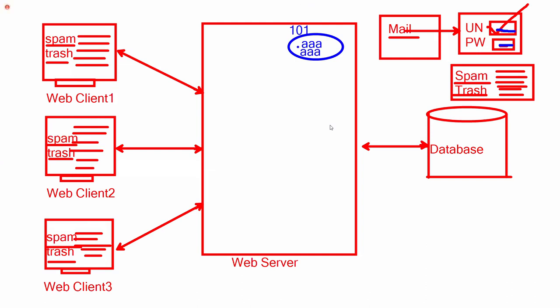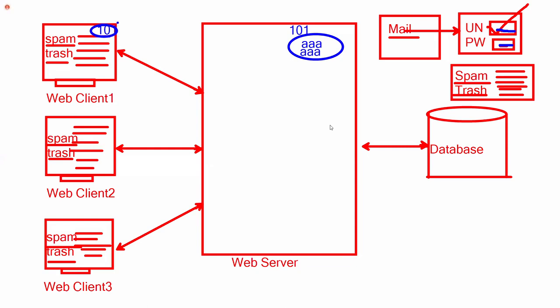Now, assume the ID 101. Then the inbox is passed to the client system. Whenever the inbox is received, this 101 is also received with it, and it is stored in the browser.